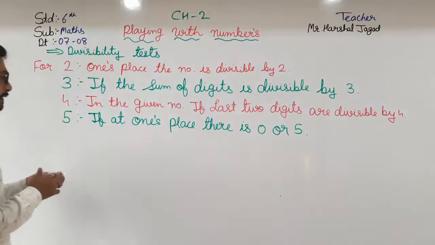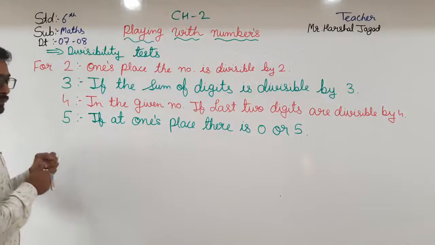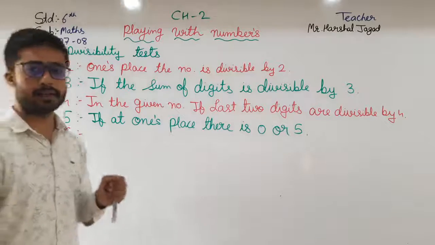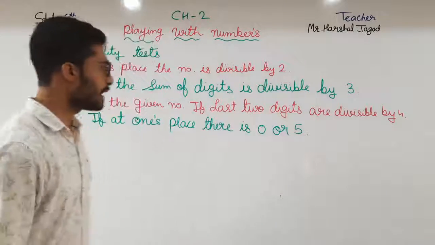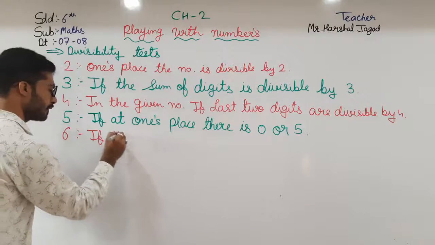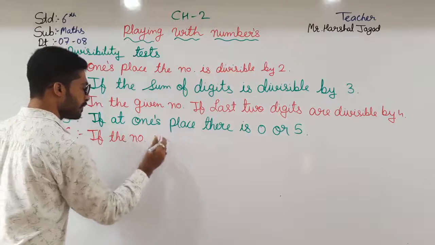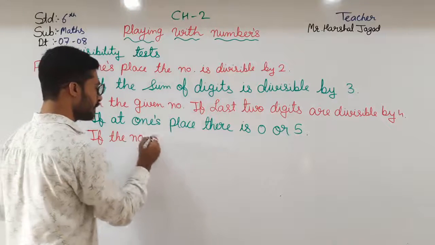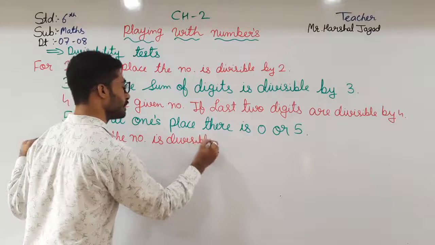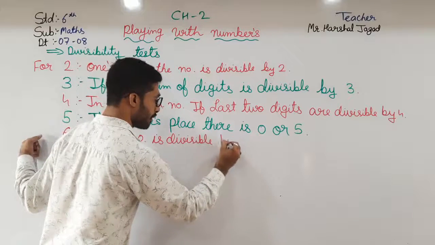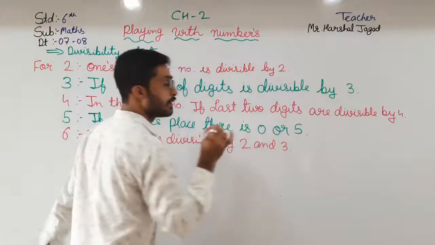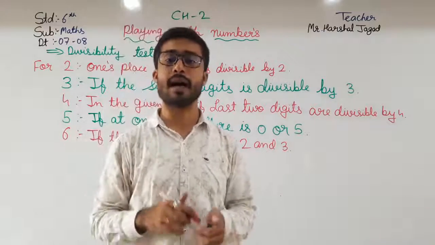Okay, so here 6. Divisibility test for 6. So what is that? If the number is divisible by 2 and 3, then that number is divisible by 6.